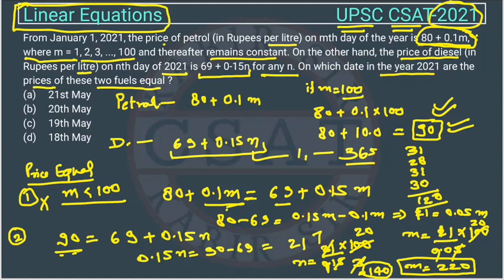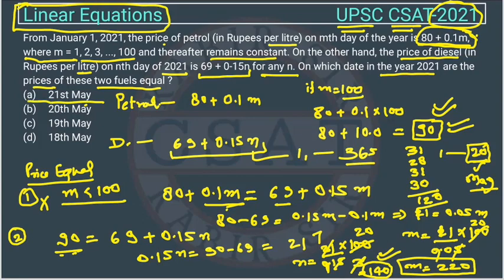So 20 more days remain; we have finished April. So from May, we want 20 more days to reach day 140. So 20 days means from 1st May to 20th May. So on 20th May the price of both commodities will be equal.